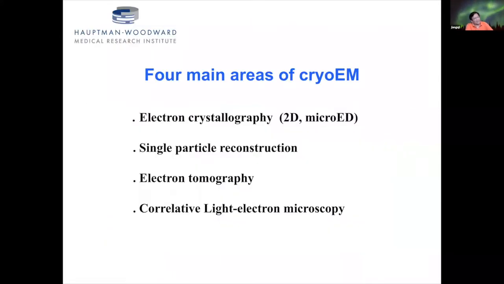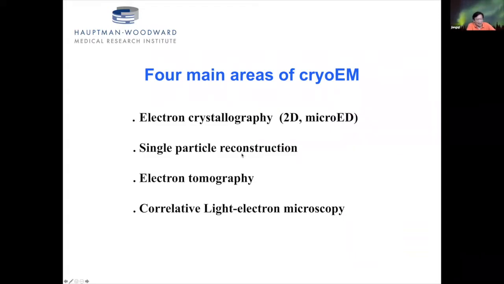So with the recent development, currently there are four main areas of using cryo-electron microscopy. It really depends on the type of specimens. If you have 2D crystals, or tubular crystals, or even small nanometer size crystals, you can perform electron crystallography.